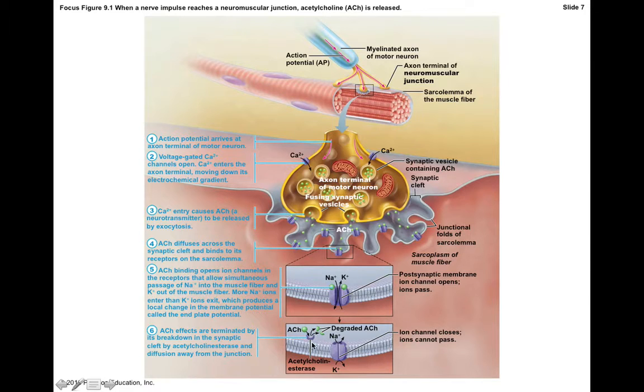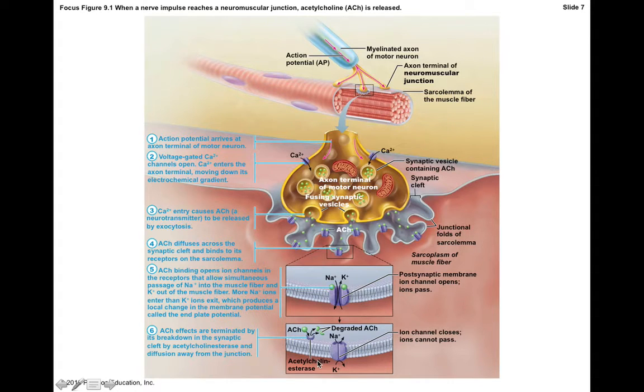And acetylcholinesterase basically breaks down acetylcholine into choline and acetic acid, and these are actually recycled by your neurons and then basically made back into acetylcholine. But when acetylcholinesterase breaks down ACh, these degraded bits can't bind with the receptor, and so these ligand-gated ion channels actually close instead of being open. So then you stop getting that current that may trigger an action potential in the muscle cell.